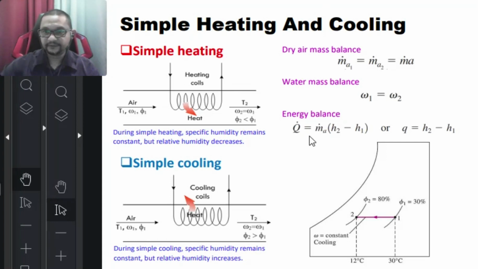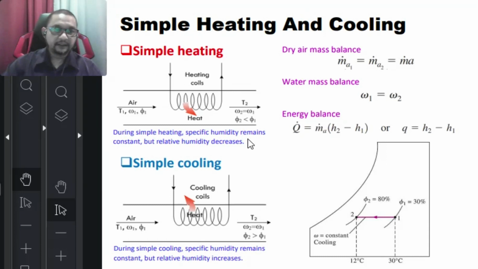As you see, this is a psychrometric chart. So when heating, it will go from left to right, but in simple cooling, it will go from right to left.